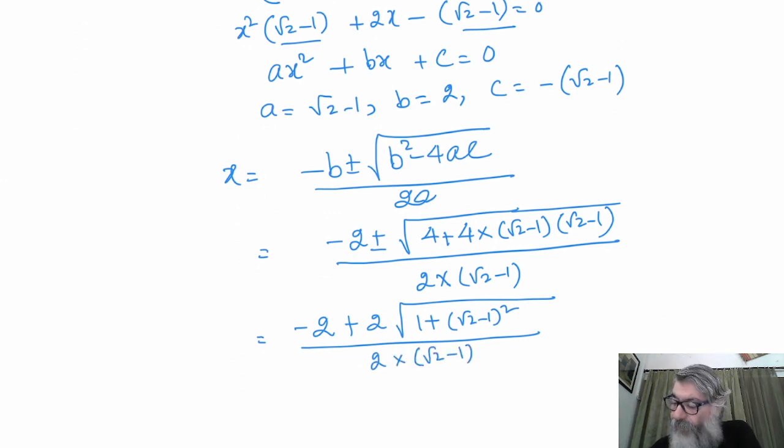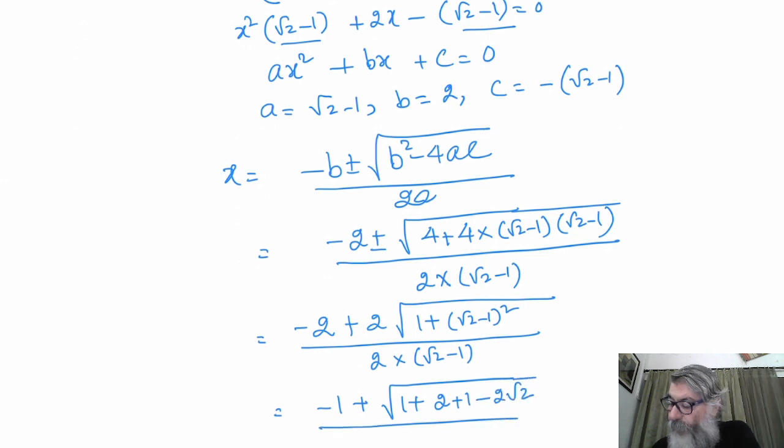It will become minus 1 plus (root 2 minus 1) whole square, which will become how much? Root 2 whole square will be 2, plus 1, and minus 2 root 2, upon root 2 minus 1. What has happened is that 2 is cancelled from everywhere. 2 is here also, 2 is here also, 2 is down here also.